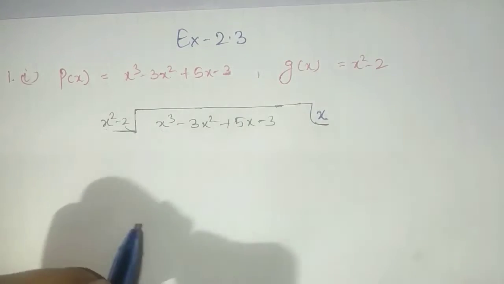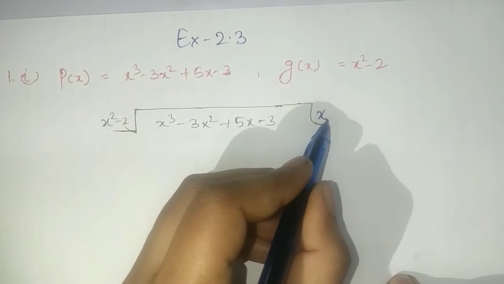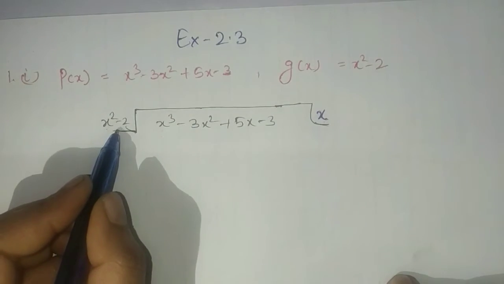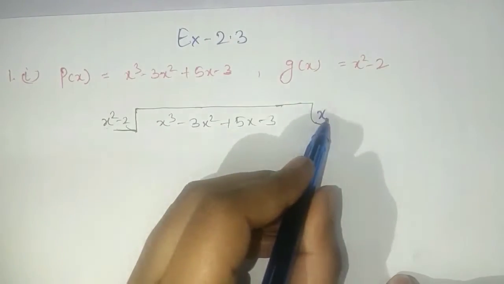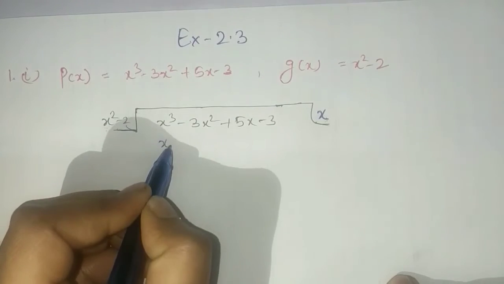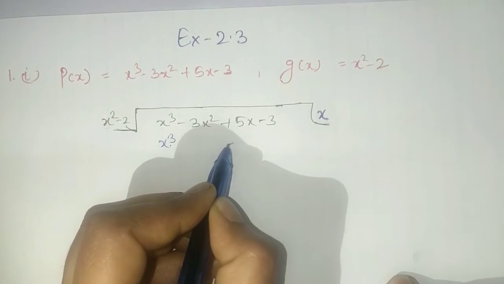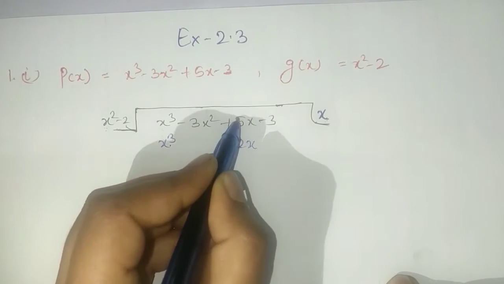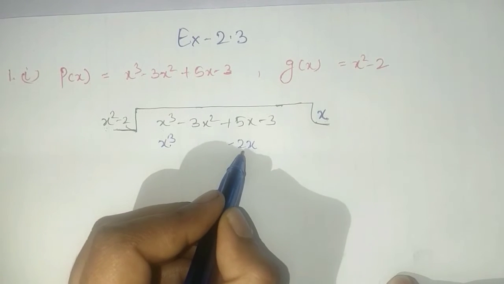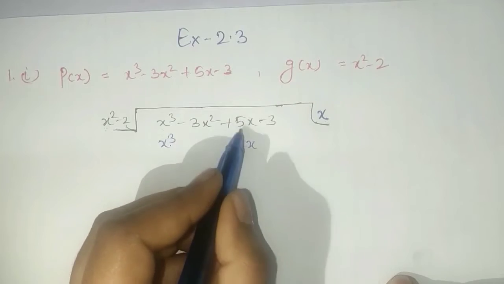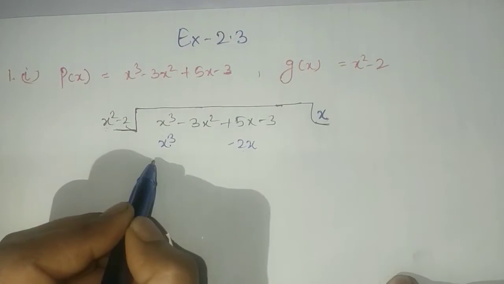So this will act as a quotient. We will multiply this quotient with the divisor, that is x multiply x square is x cube, x multiply minus 2 is minus 2x. This will come under the 5x. Why? Because 2x and 5x are the like terms.